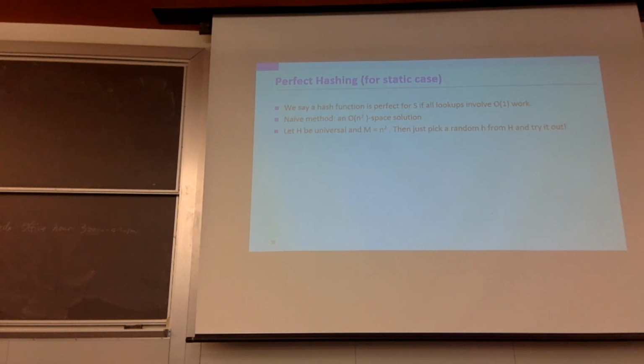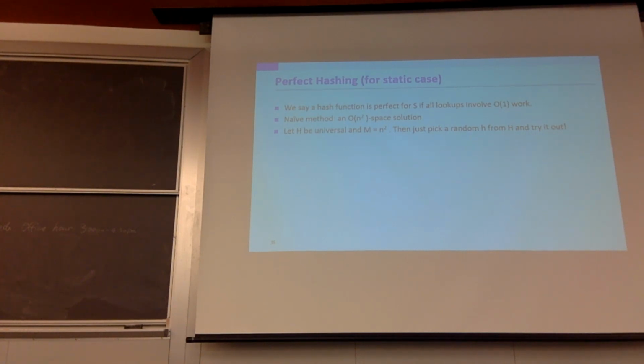But if you tell me this S in advance for a static case, the best thing that we can do is to construct a good hash function. This is called perfect hashing for a static input. And the goal is that you want every bucket to only have a constant number of elements in it.